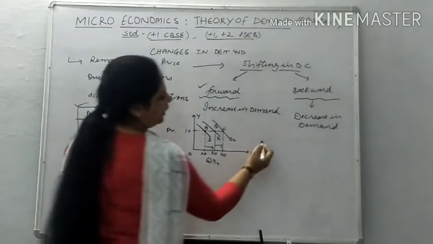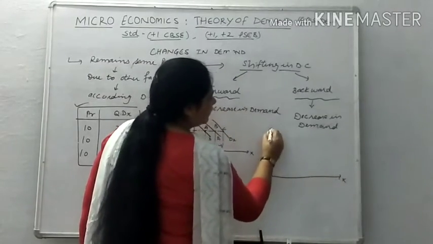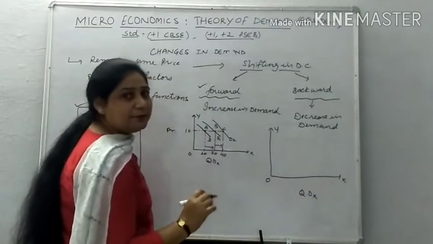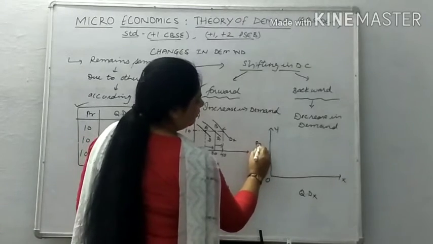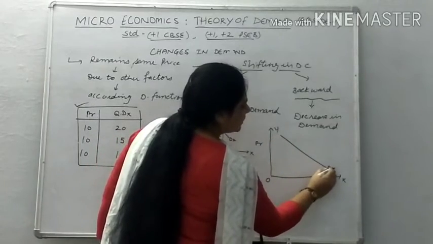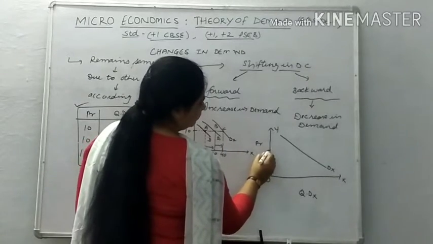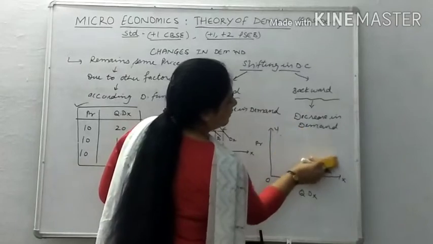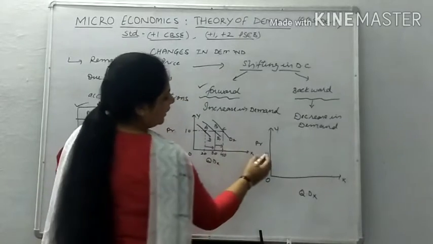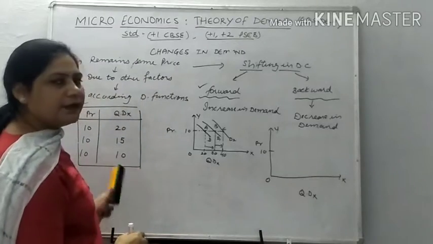Okay students, now in a figure I will help you understand decrease in demand. Here I am taking quantity demanded of X again, and on the y-axis we shall take price. DX is a demand curve for commodity X. There is the same price, suppose 10 rupees according to our example.